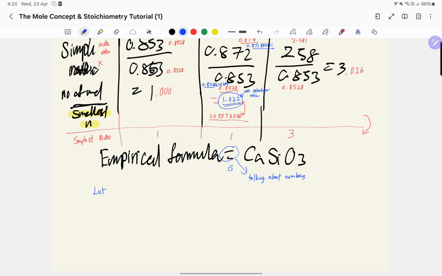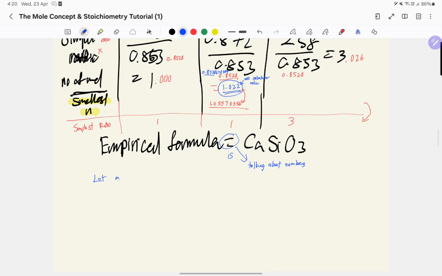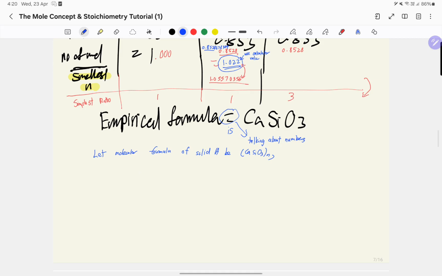So what you want to do over here, in this working, is let the molecular formula of solid A be CaSiO3N. Afterwards, you need to calculate what N is.